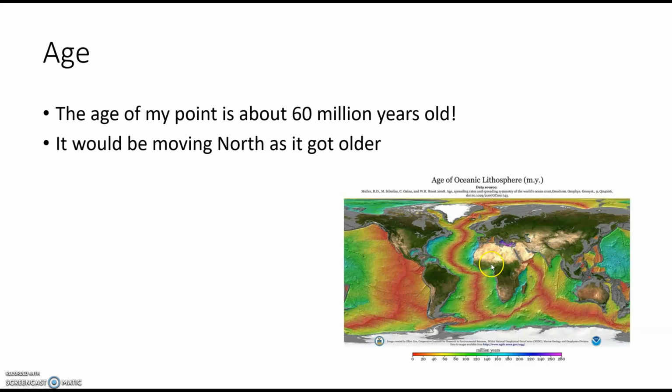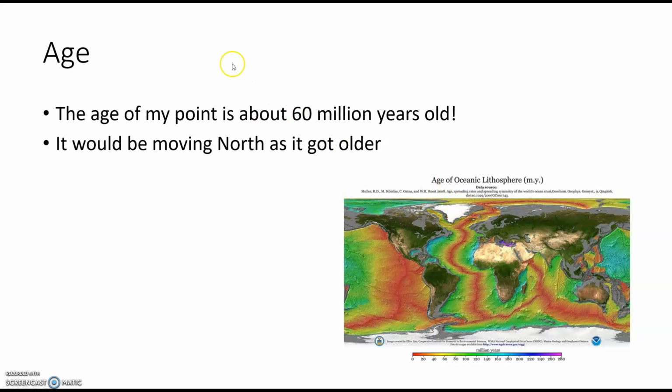Okay, so the location of my point was right below Africa in this yellow part of the Atlantic Ocean, which I liked. I liked that it was close to land and not some random point.